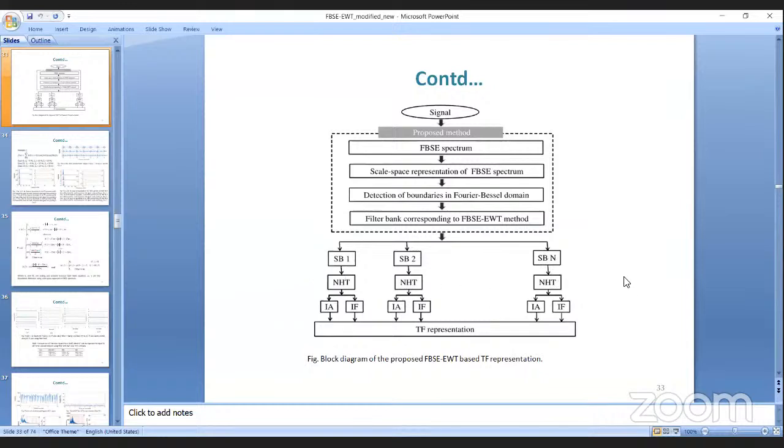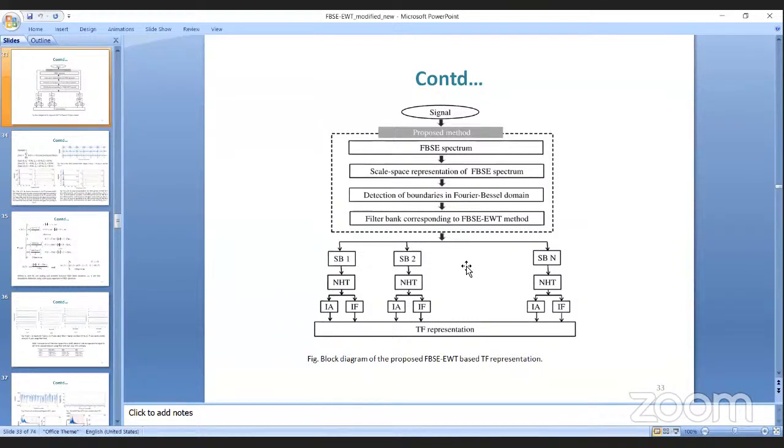Then, in the conventional empirical wavelet transform, the Hilbert transform is applied for obtaining the amplitude and instantaneous frequency. But in this work, the normalized Hilbert transform, which was recently proposed, has been used instead of the Hilbert transform. The normalized Hilbert transform gives more accurate instantaneous amplitude and instantaneous frequency as compared to the Hilbert transform.